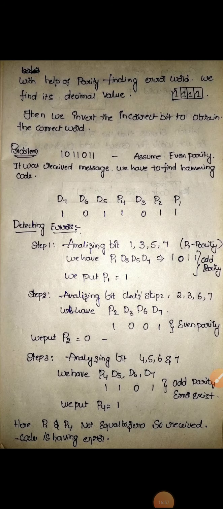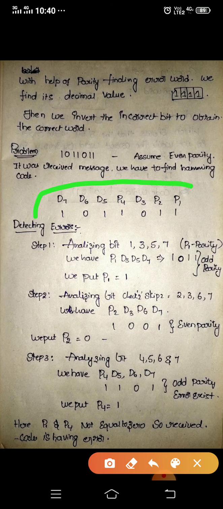For the even parity, first of all I will take these 7 bits in my box format: P1, P2, D3, P4, D5, D6, D7. Okay, I have inserted this information in my box, in the data word.